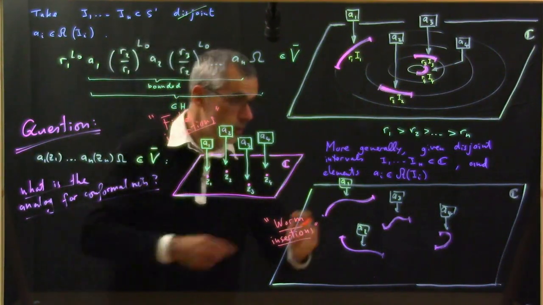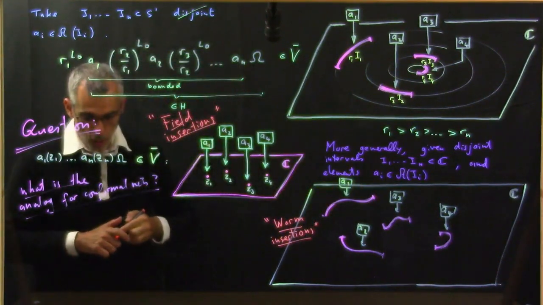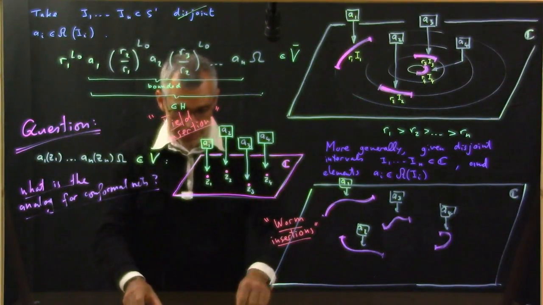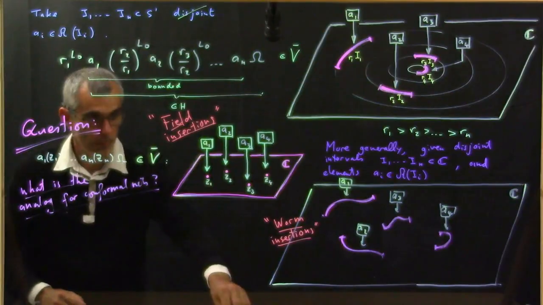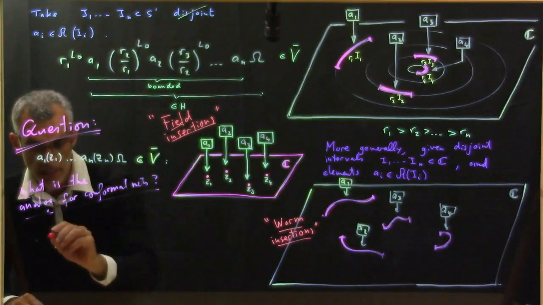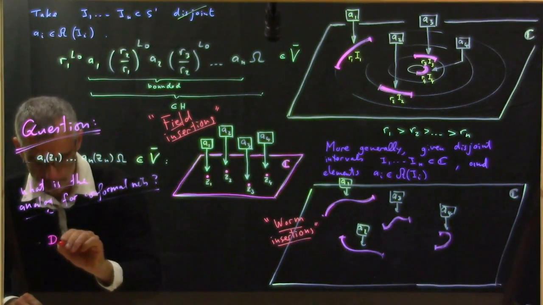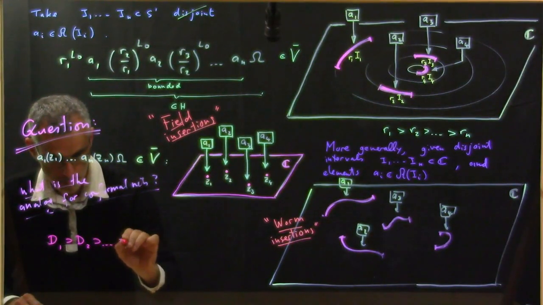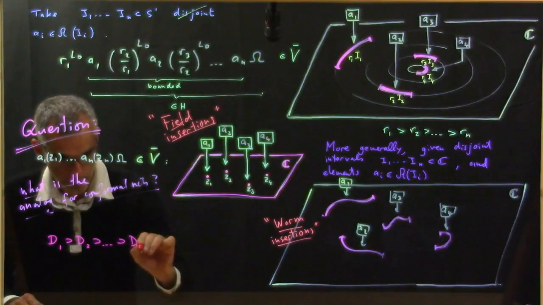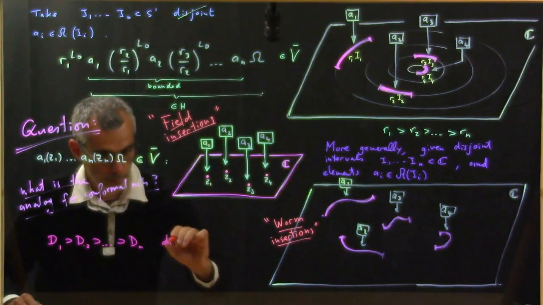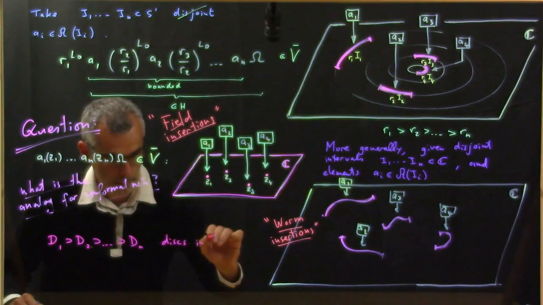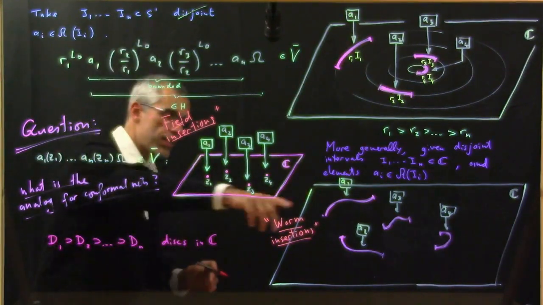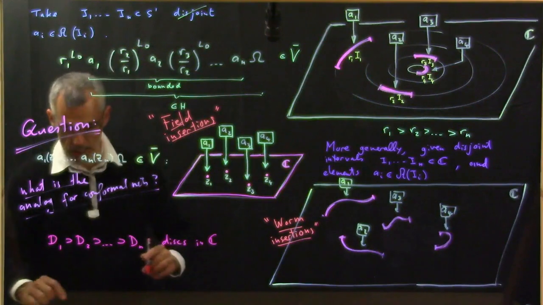So let me define for you what these things are. So the first thing that you do is you pick a sequence of disks in the complex plane such that these intervals lie on the boundaries of these disks.